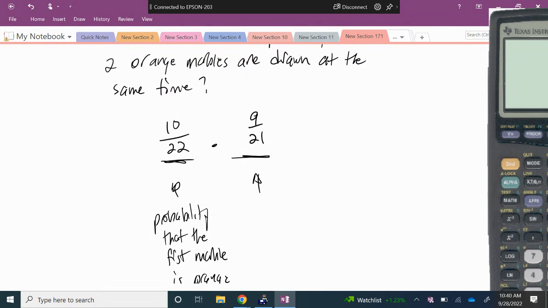So my base is changing, because I didn't take an orange marble out and then put it back in. That's called with replacement: if you take something out and put it back, choosing one at a time. But in this case, we're taking two marbles at one time. So if the first marble is orange, then that has a probability of 10 over 22.